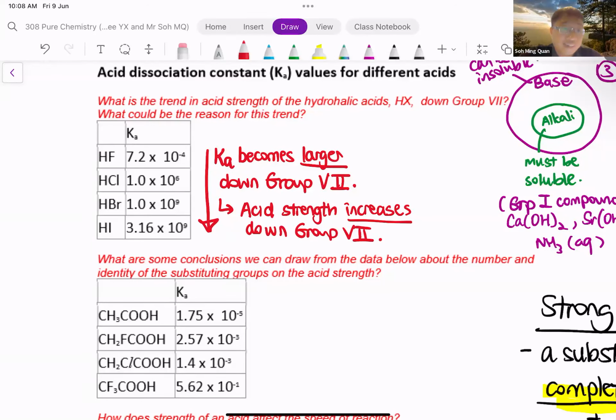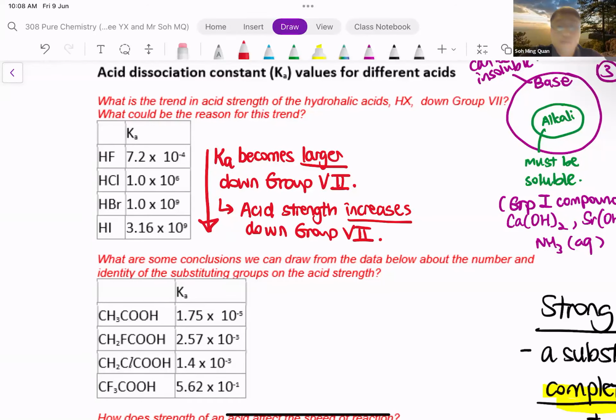Okay, this is what the data tells you. All right, so HF is the weakest acid, HI is the strongest acid based on the Ka values. Okay, so that's the trend.